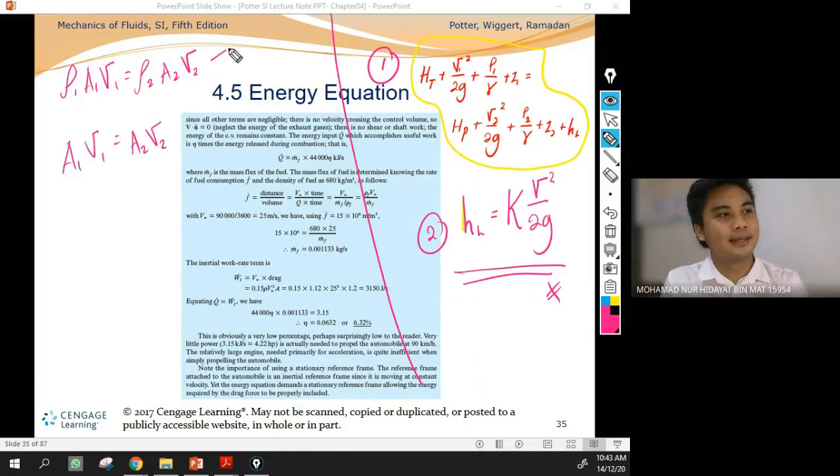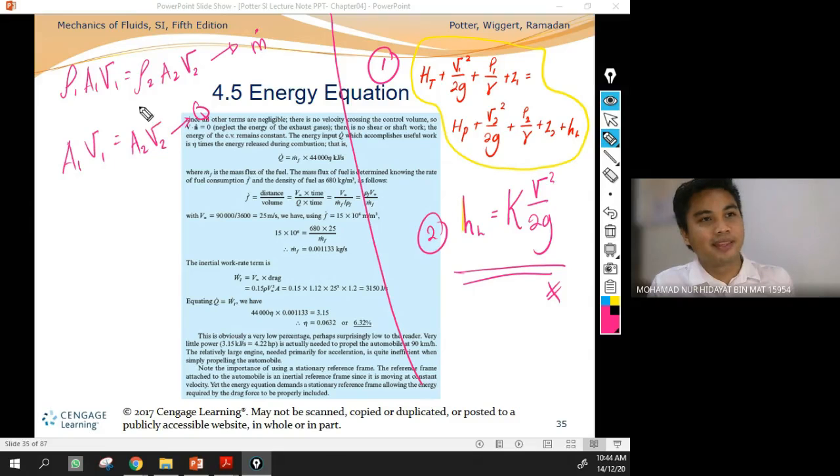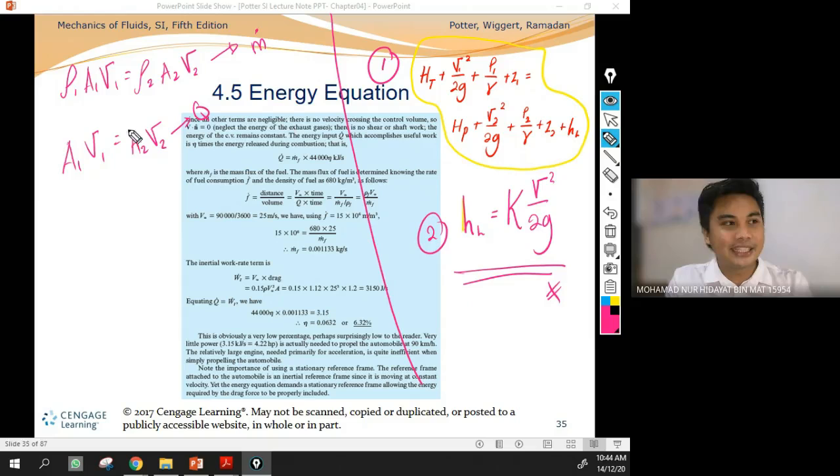This is the mass flow rate, and this is the volume flow rate. The first chapter we learned about this one. The first subtopic we learned about conservation of mass leads to this equation. The second we learned about the energy equation leads to this equation. Now I try to summarize for you.